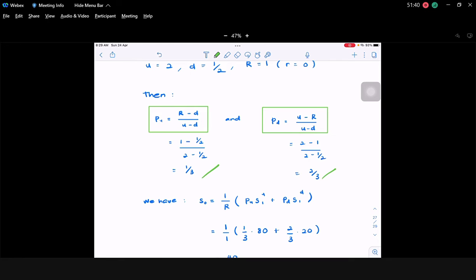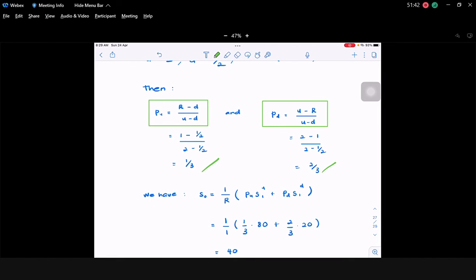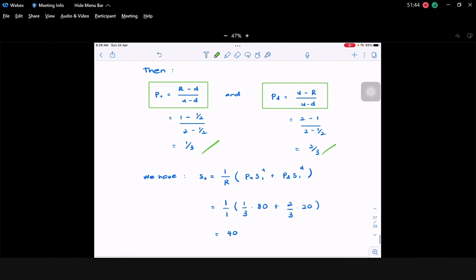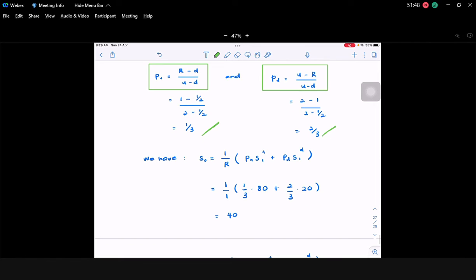Okay, so PU plus PD just equal to 1. So daripada sini kita akan dapat solution yang sama seperti yang kita compute tadi. Cuma dalam konteks sekarang ni kita tahu S0 dan kita tahu S1U dan S1D.